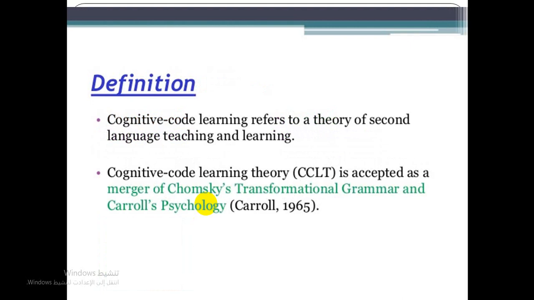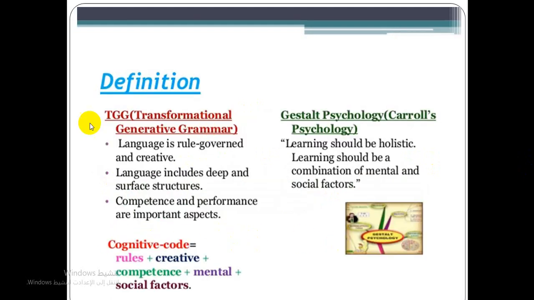So what is the definition of cognitive code learning? Cognitive code learning refers to a theory of second language teaching and learning. Cognitive code learning theory is accepted as a merger of Chomsky's transformational grammar and Carroll's psychology. Here, transformational generative grammar, according to Chomsky, depends on the idea that language is rule-governed and creative.